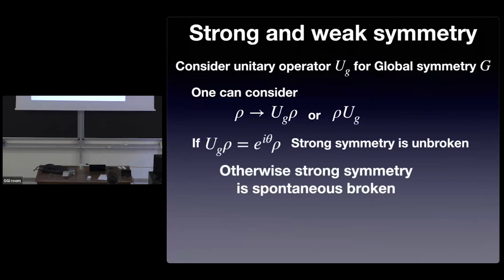Otherwise, the strong symmetry is spontaneously broken. That is the definition of the strong symmetry. Obviously, when the weak symmetry is spontaneously broken, the strong symmetry is also broken. But ordinary hydrodynamics corresponds to the case where the strong symmetry is spontaneously broken but the weak symmetry is not. That is hydrodynamics.